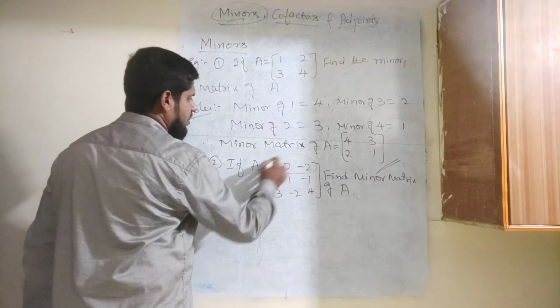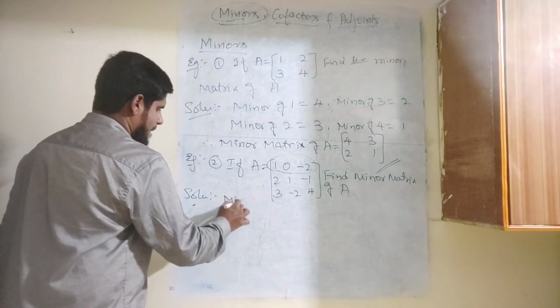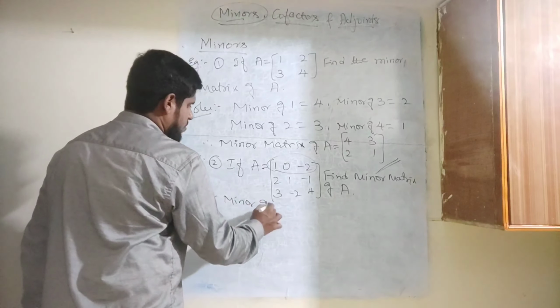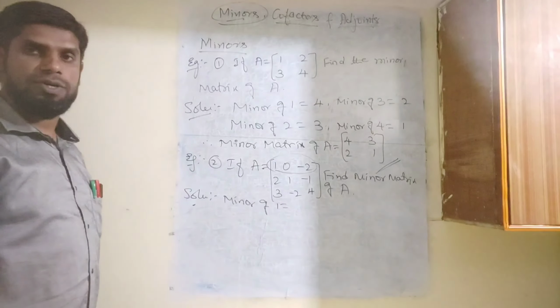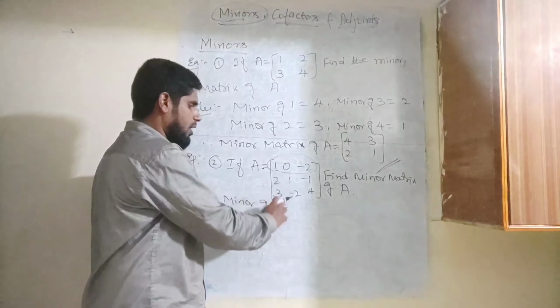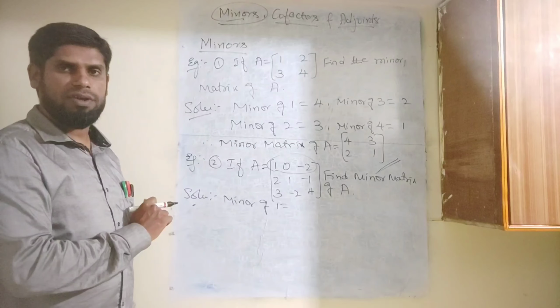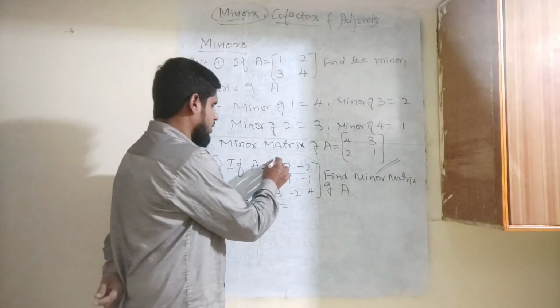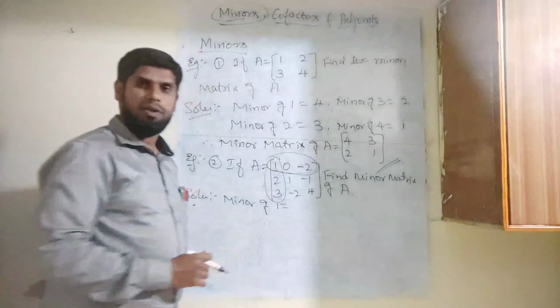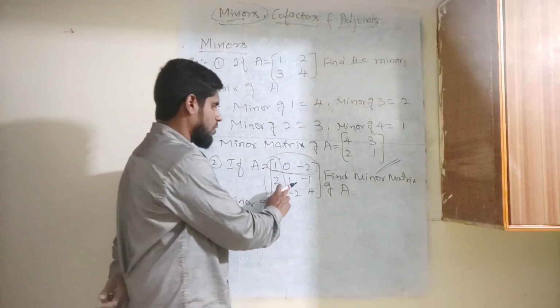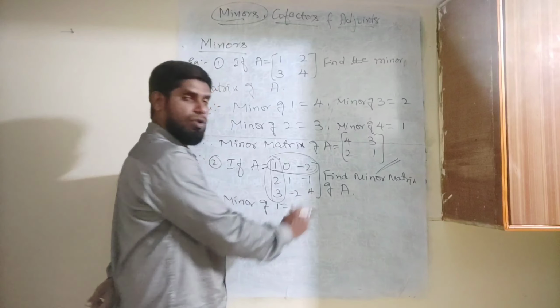Let us start with the first row. Minor of 1 is equal to, as I said, we should eliminate the row and column of the element. Then I will get 4 elements here: 1, −1, −2, 4.